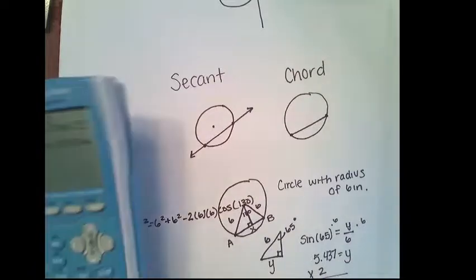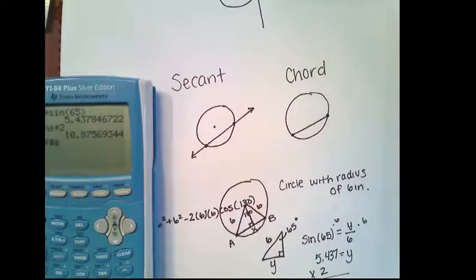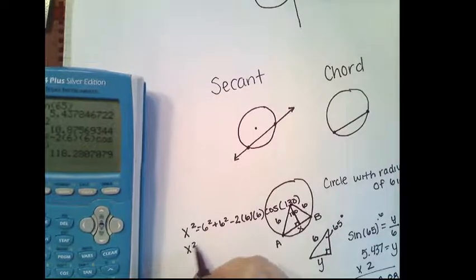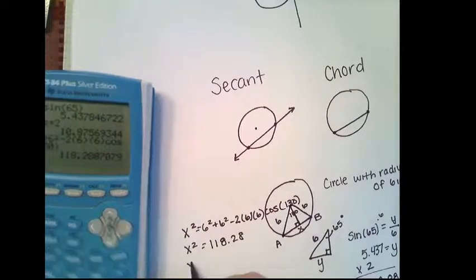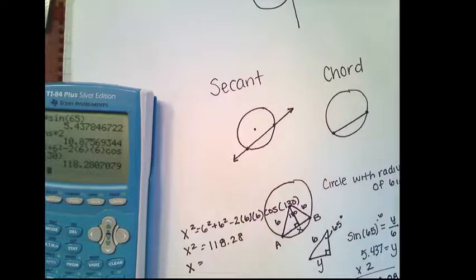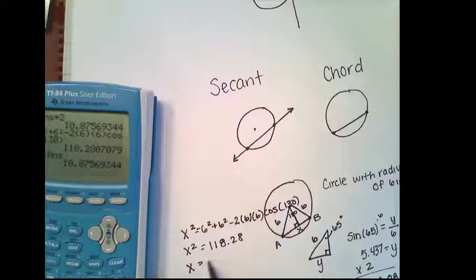And then we go to our calculator. And we should get x squared equal to 118.28, and then we have to square root that number and get 10.88.